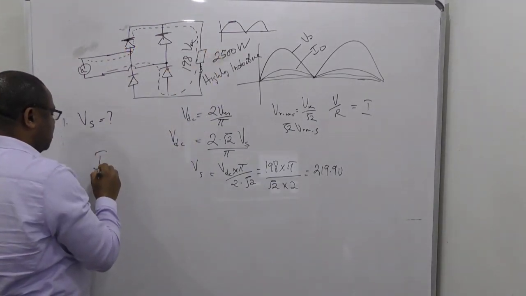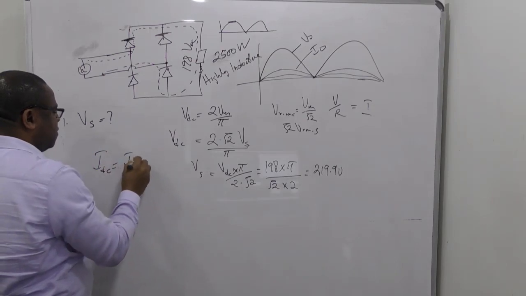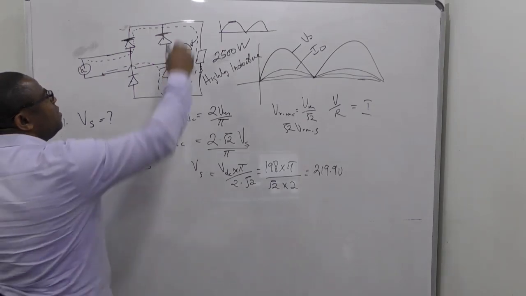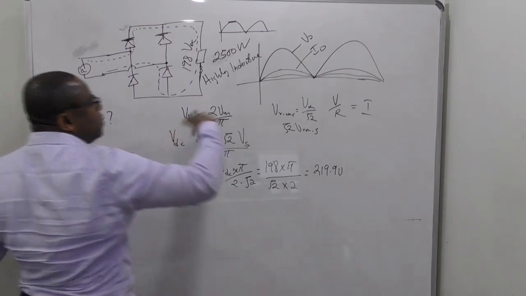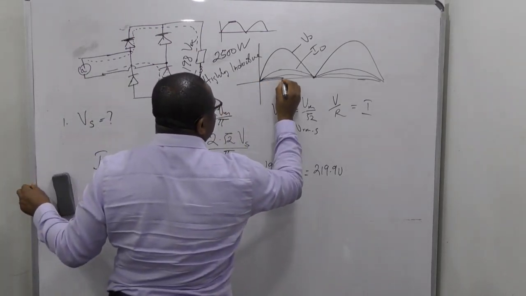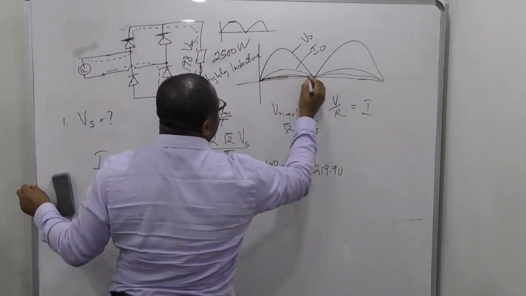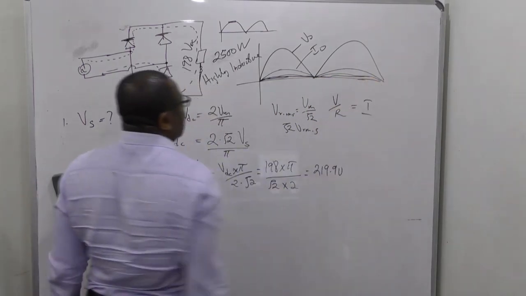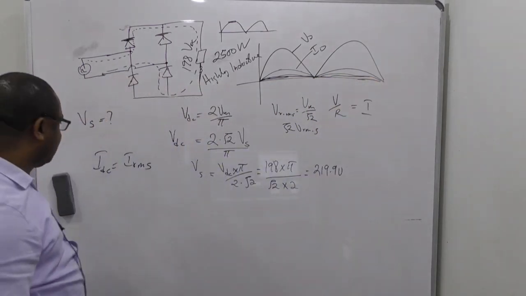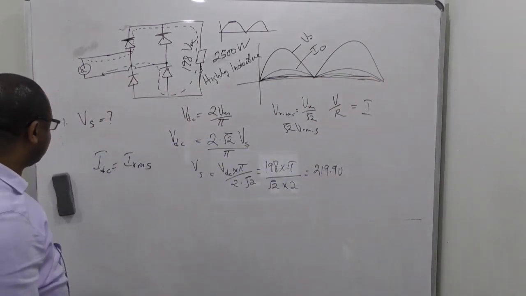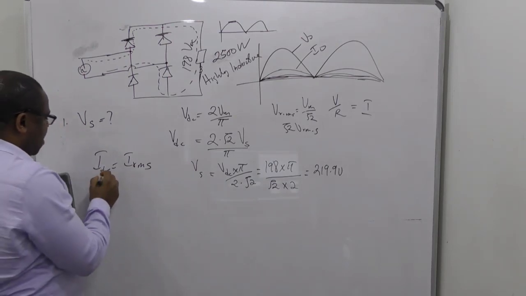So this is almost like a straight line, and the IDC in that case becomes IRMS. But what is IDC?